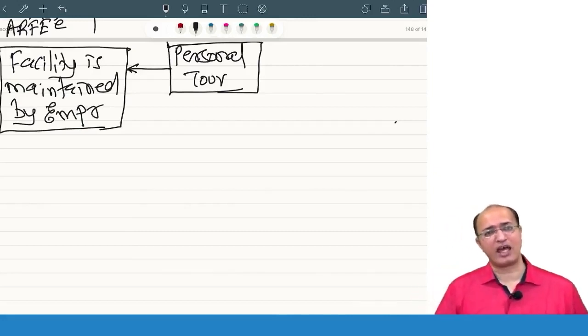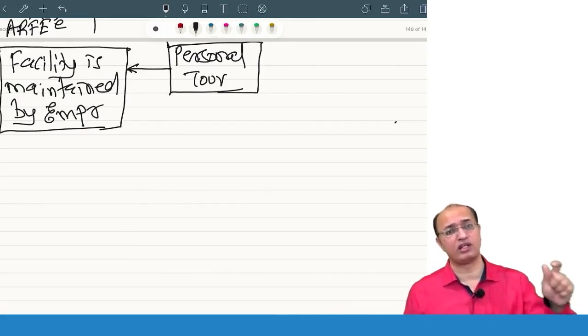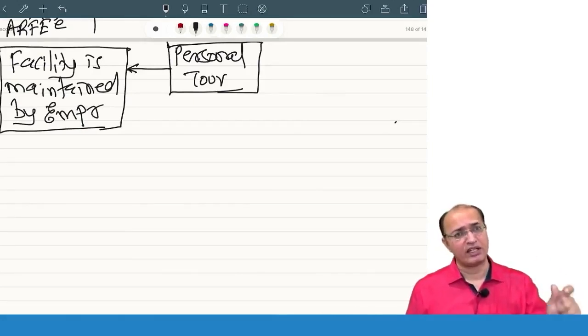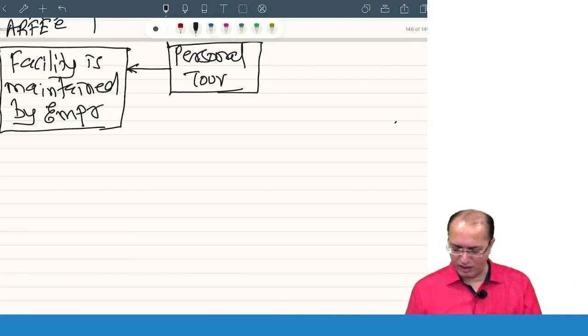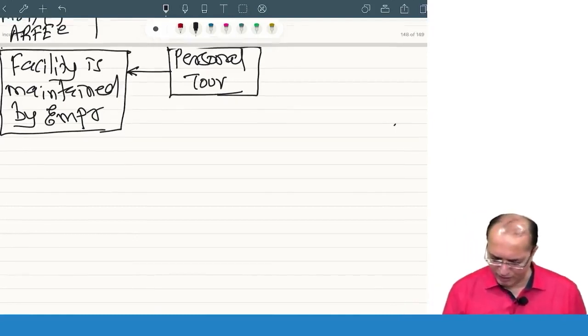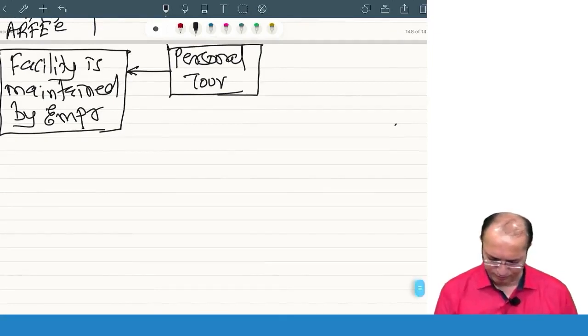Now, RBI has its own guest house at Ooty. So, if you are an RBI employee and you want to go to Ooty along with your family, you can go there and stay in the RBI guest house. So, that facility is maintained by your employer.